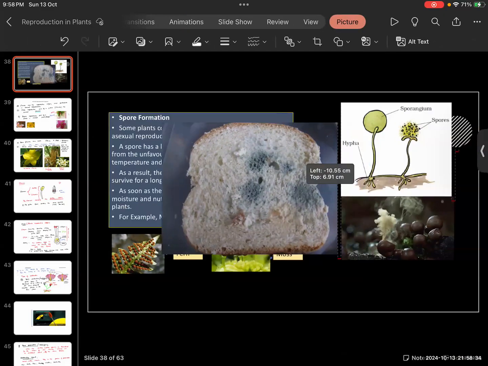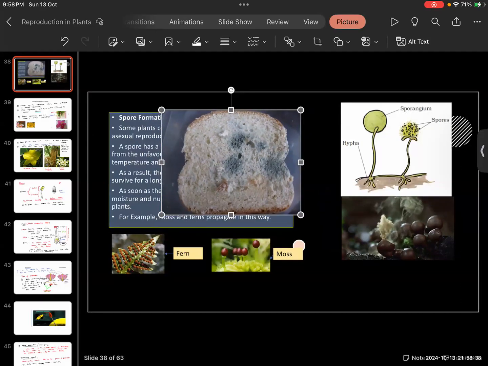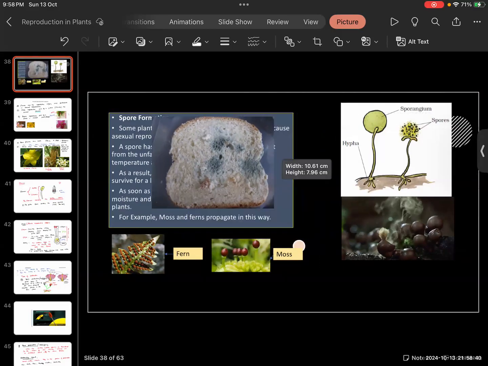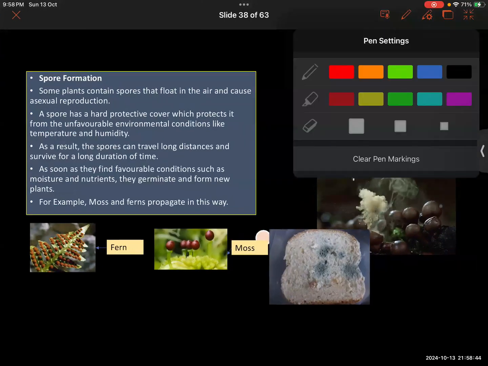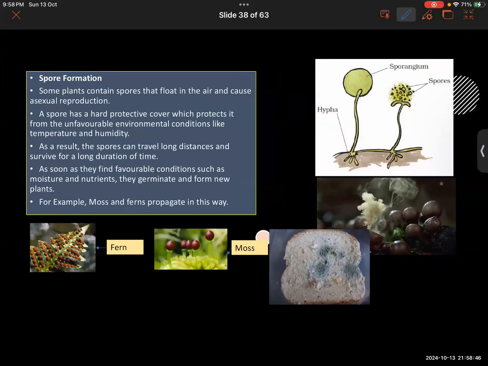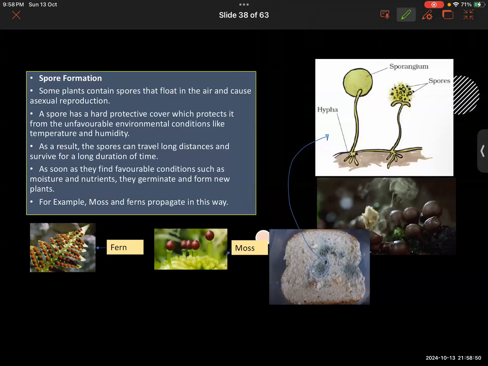Upon close study, when we study the structure of this, it is shown in this image. Its structure looks like this. On top it has a bulb-like structure called sporangium, and there's this thread-like structure called hypha.